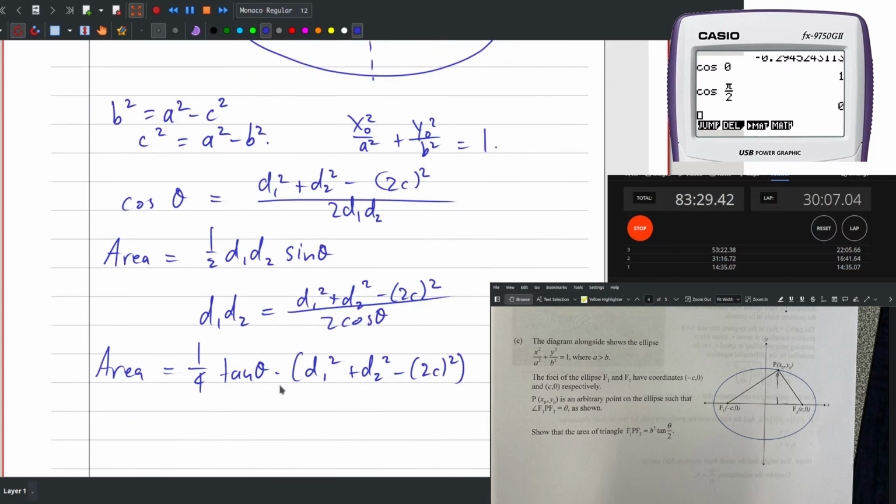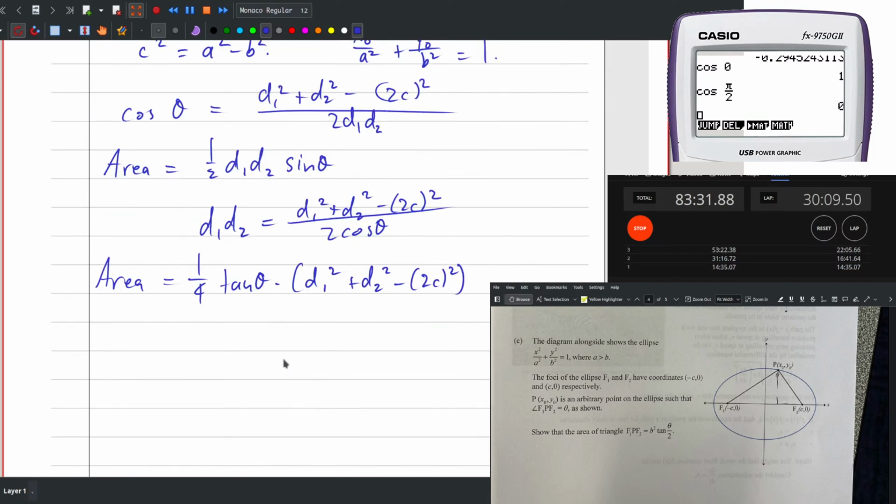And then now we just need to prove, what's the double angle formula for tan? No, I don't think this helps though, because what do you get? You get a half tan theta on 2 over 1 minus tan squared theta on 2.